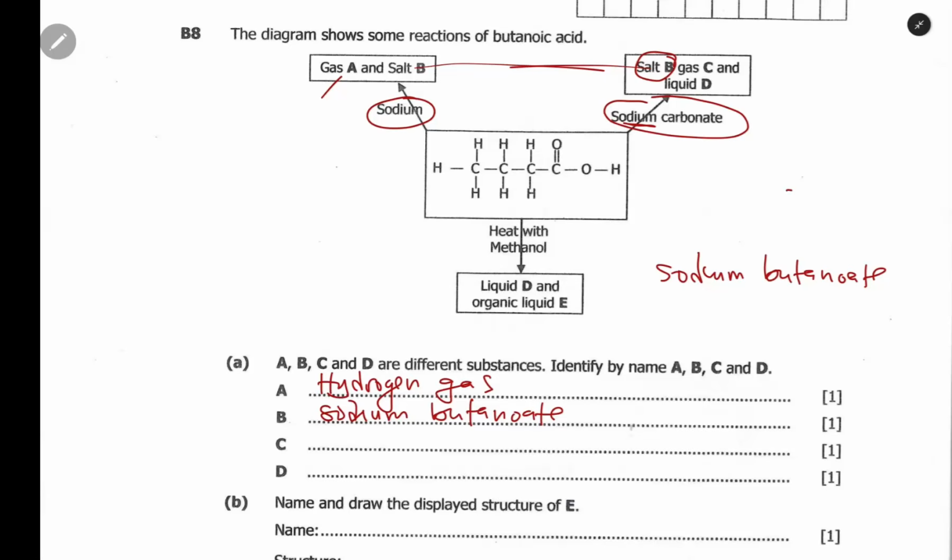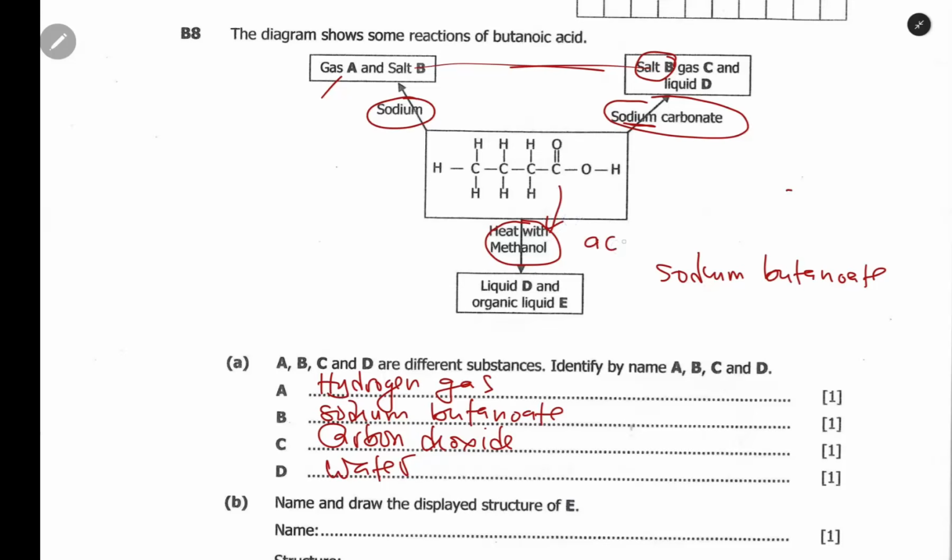Then C, gas C, is carbon dioxide. I guess there's no one who is lost up to this point. Then D is a liquid, which is the water. Okay, so in both cases, even here, when heated with methanol, in other words, the acid reacts with methanol.